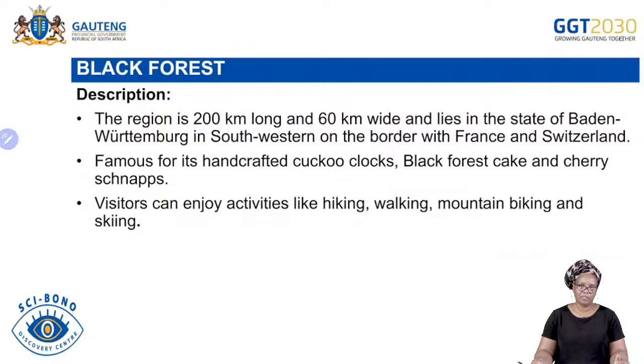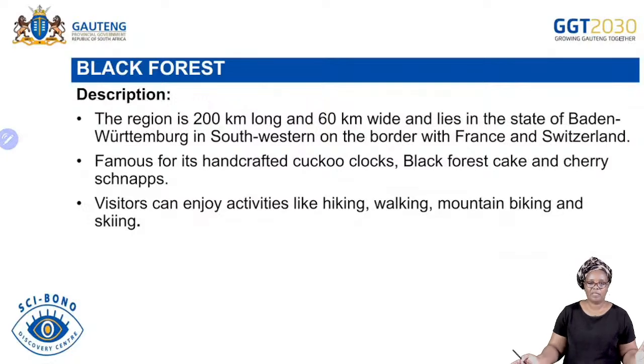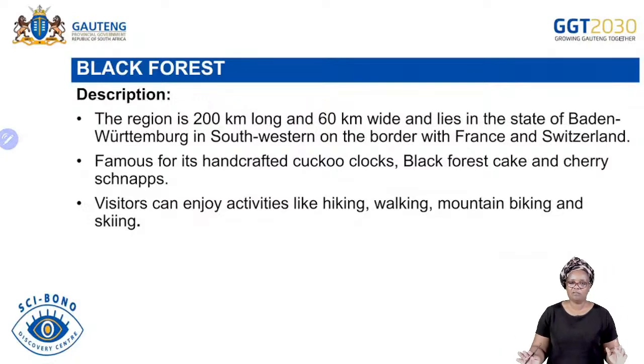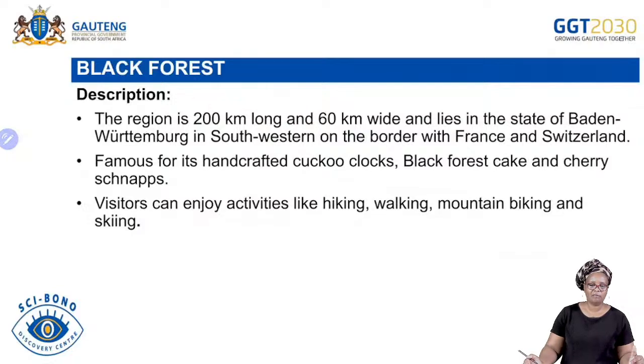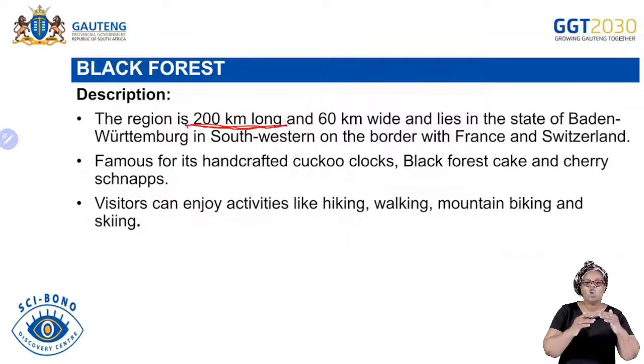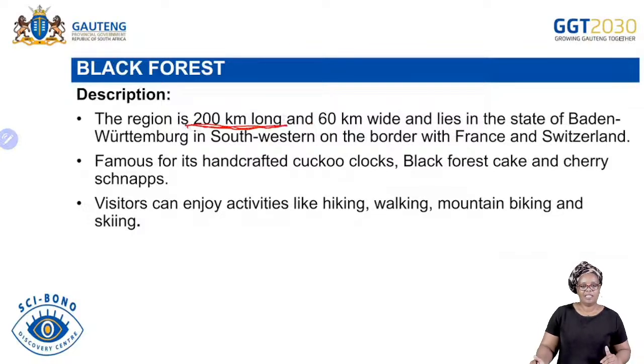Let's look at the description. It's a forest with many towns, many villages, the lakes. We talked about that. The region is almost 200 kilometers long. Remember, we have the towns, the monasteries, the lakes, villages.